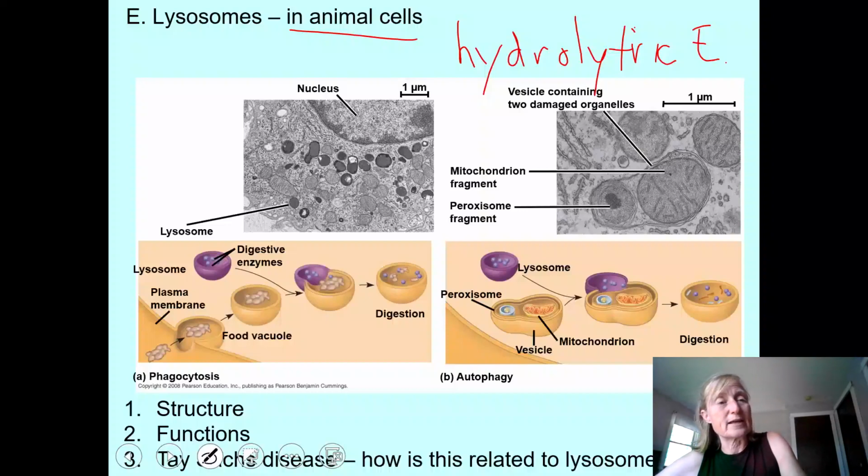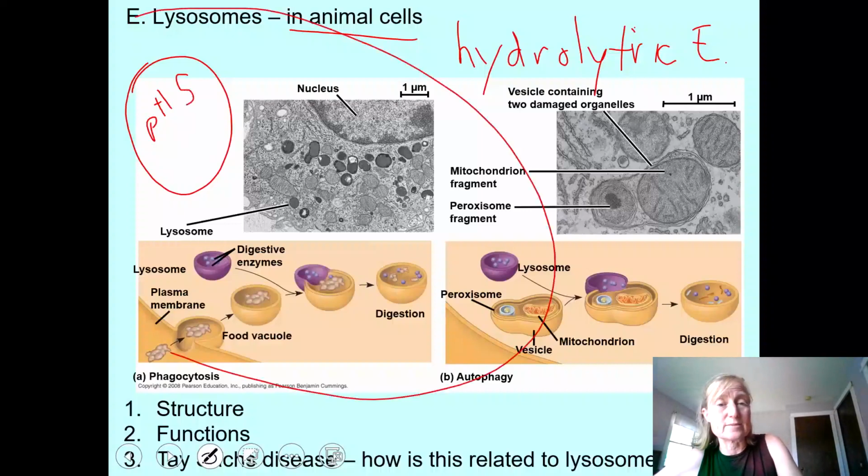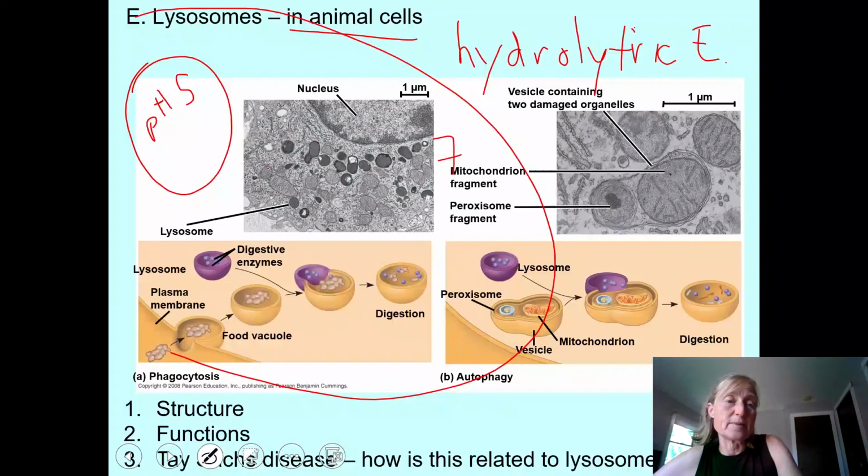One other thing about these lysosomes in terms of their structure is they're very acidic. The lysosome has a pH of around 5. The bigger cell has a pH of around 7. It becomes acidic because the lysosome actually pumps protons into itself, increasing the concentration of protons inside the lysosome, making it very acidic.